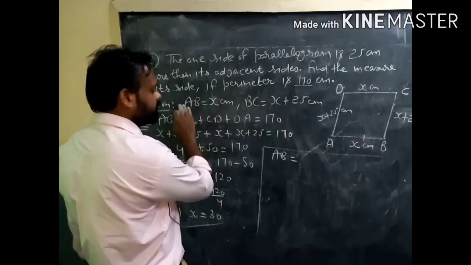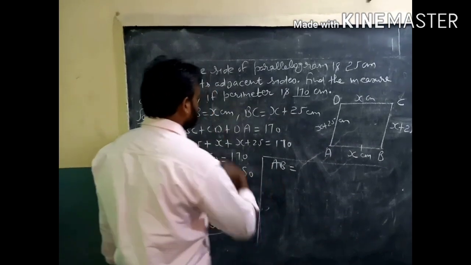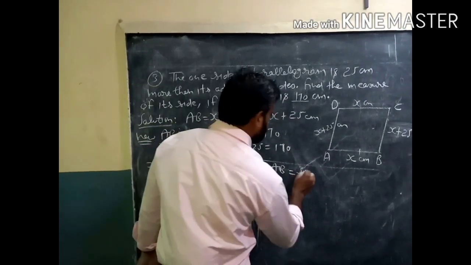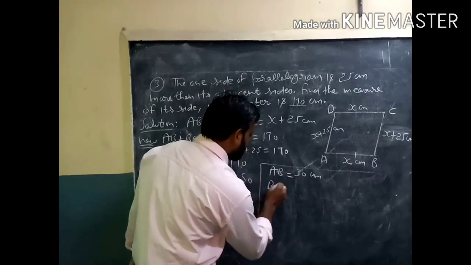The value we had supposed for AB is x, and now x is 30, so it means AB is 30 centimeters. Then how can we find BC?